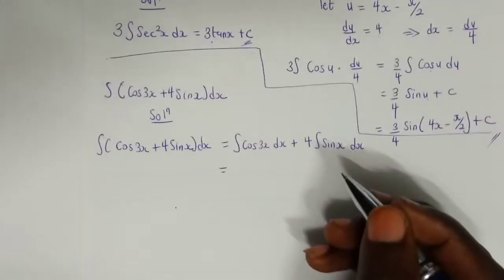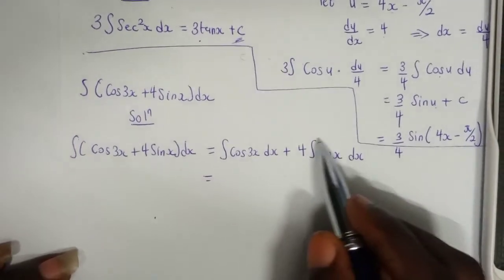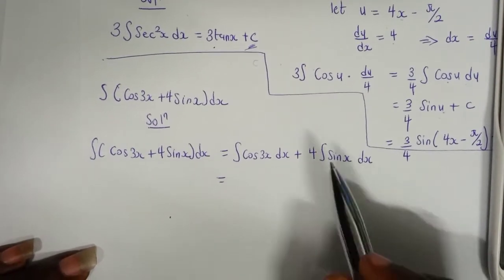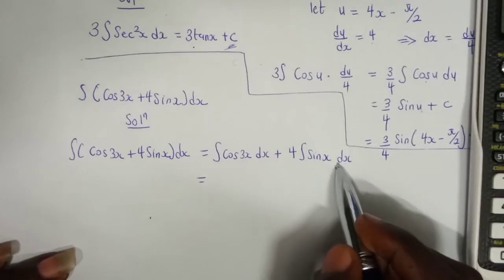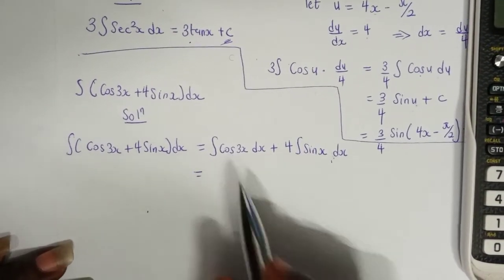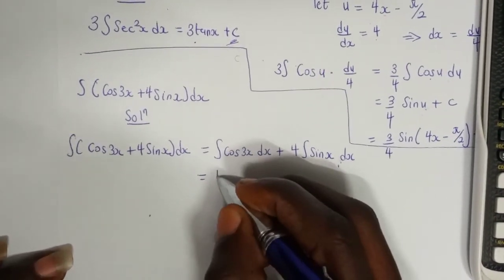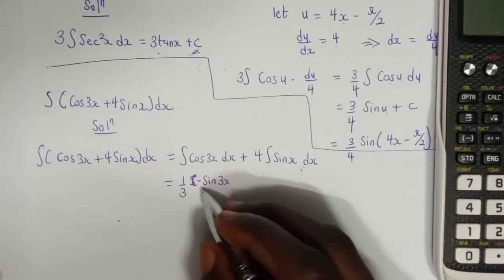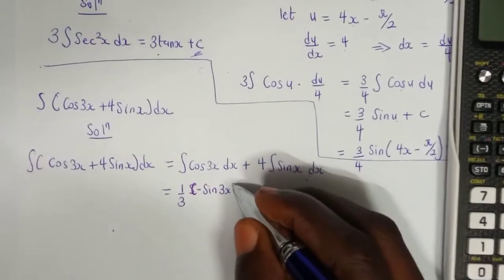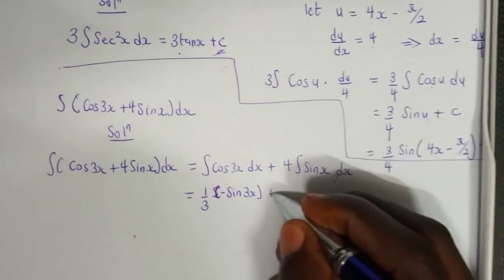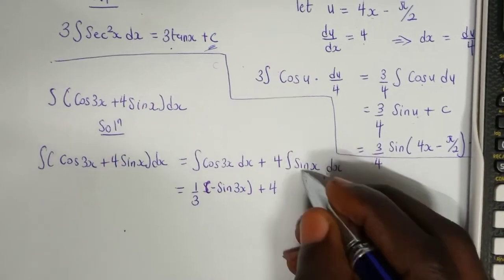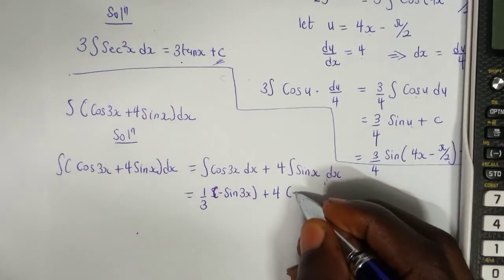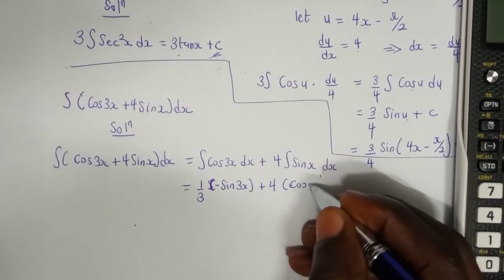Okay, so the integral of sine x, we are going to get negative cos x. By the integral of this, we are going to get 1 out of 3 into bracket negative sine x plus 4 integral of sine x is negative cos x plus c.